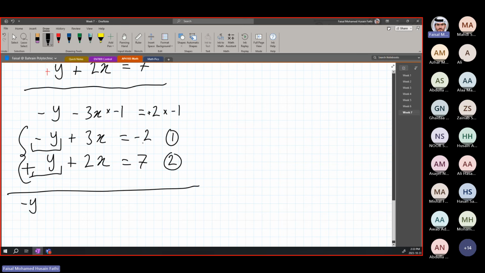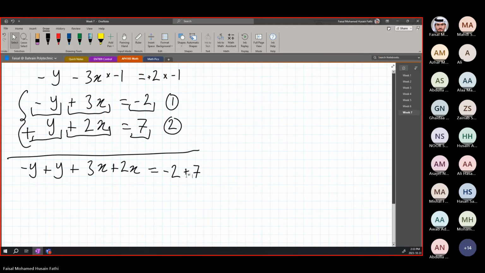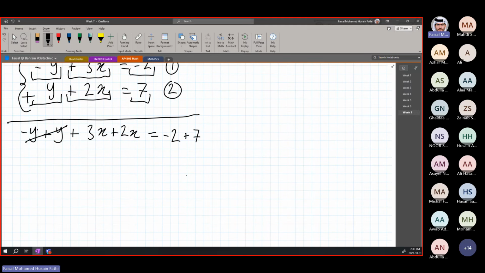The second term, plus y. The third term, don't forget the sign with it, plus 3x. Fourth term, plus 2x. Then the equal sign, because we reached the equal sign. Minus 2, and plus 7. All right? As you can notice, this will go to 0. Minus y plus y is equal to 0.